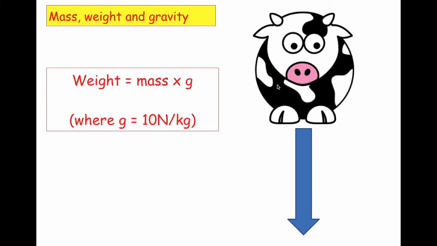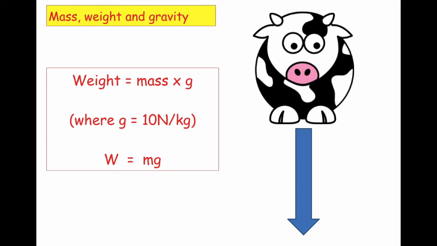So if we get the mass of this cow times the acceleration, which is 10 meter per second square, or we say this cow is pulled toward the Earth by 10 Newton per kilogram. So each kilogram of this cow is pulled by 10 Newton toward the Earth.